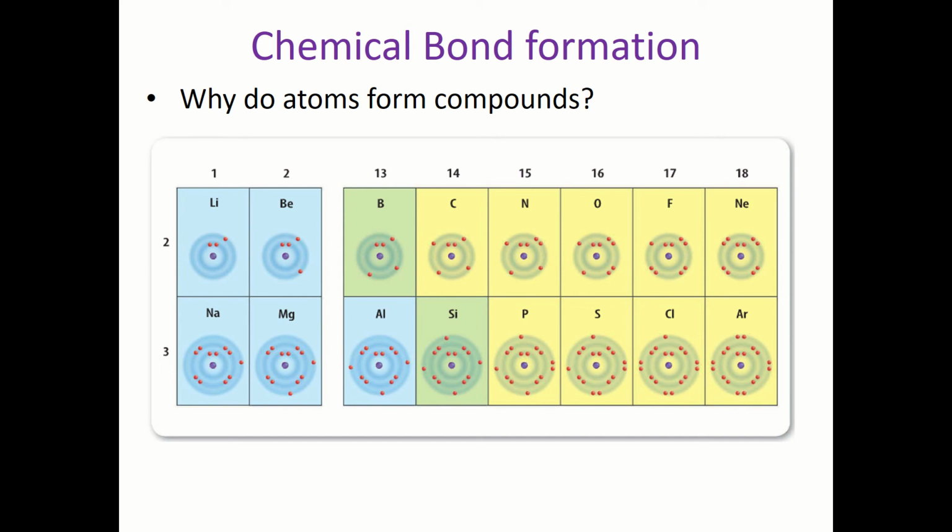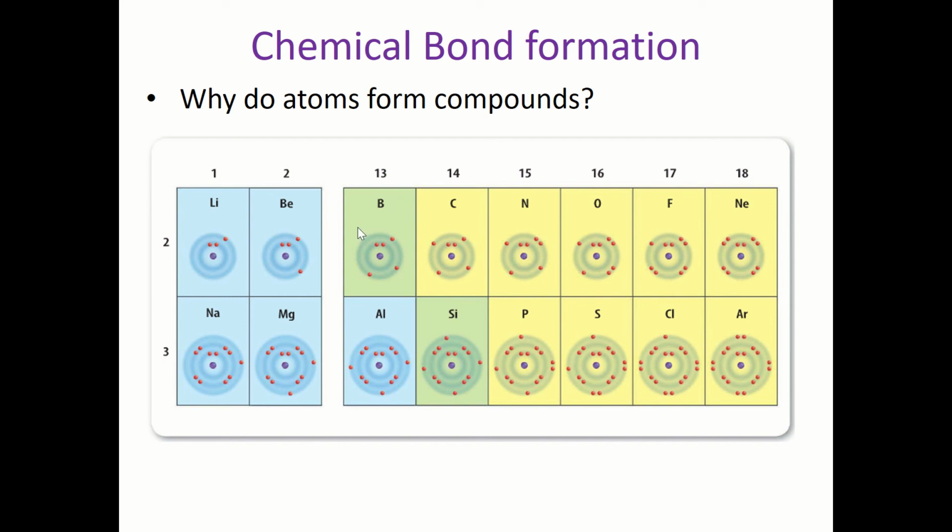Now, if you remember, we have mentioned before that the periodic table can be split into 18 groups: 1, 2, 3, 4, 5, 6, 7, and up to 18. And we've mentioned that all elements in group number 1 have only one electron at their outermost orbit, and elements in the second group have 2 electrons at their outermost orbit, and the same thing happens from 13 to 18.